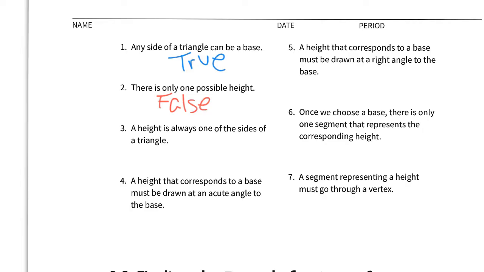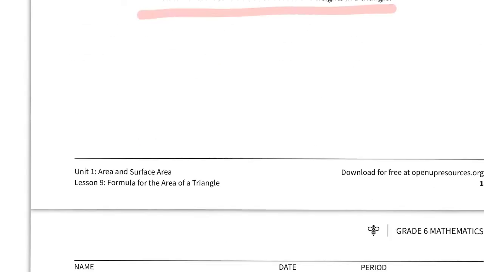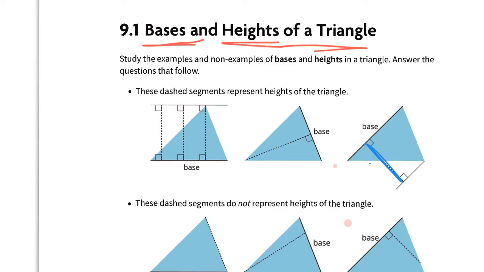A height is always one of the sides of the triangle. Well, no, we already showed that that's false. For these triangles up here, the height is not a side of a triangle. In these cases, there never is a height where it is the side of a triangle.